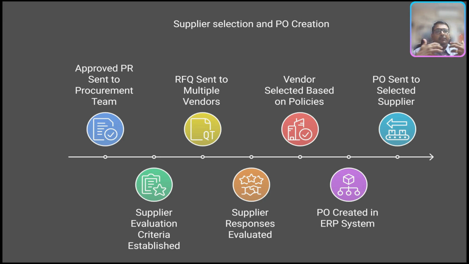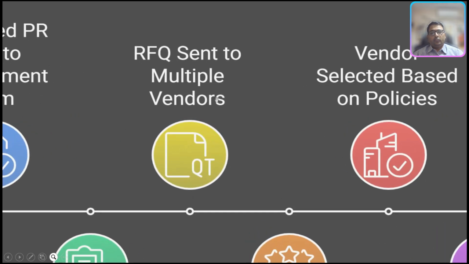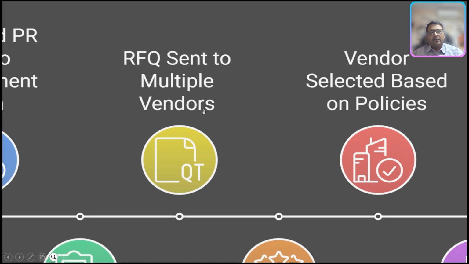Now the procurement team will be able to view these PRs and then be able to create a purchase order out of it. If this material is already being purchased by the organization, then they can go with the existing vendor, else they will float an RFQ, which is request for quotation, to multiple vendors.